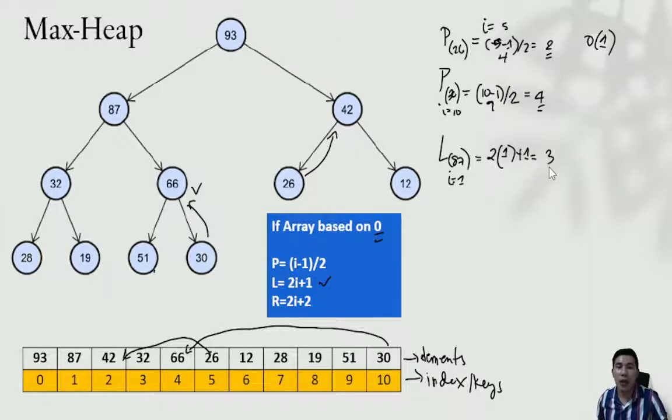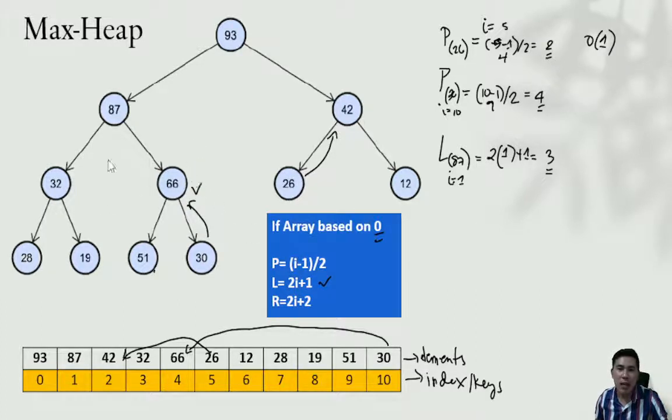So the left child of 87 is the element which has an index of 3. Let's look for that in our binary tree.